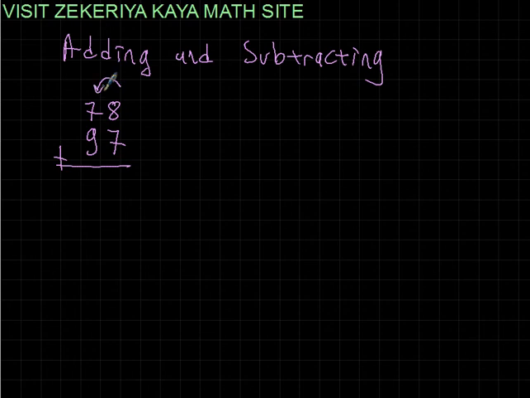From 15, if you take 10 out, there remains 5. You write here 5 and you put 10 to the other side, because when we write 0, 1, 2, 3, 4, 5, 6, 7, 8, 9, when it becomes 10, you write here 0 and you put that 10 to the next part.